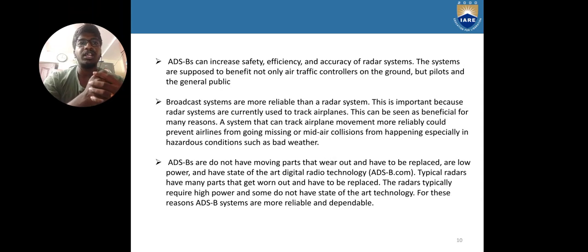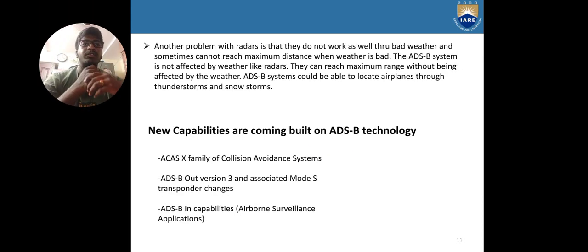ADS-B has no moving parts that wear out and have to be replaced, uses low power, and has state of the art digital radio technology. Typical radars have many parts that get worn out and have to be replaced. Radars typically require high power, and some do not have state of the art technology. For this, ADS-B is the more reliable and dependable one.